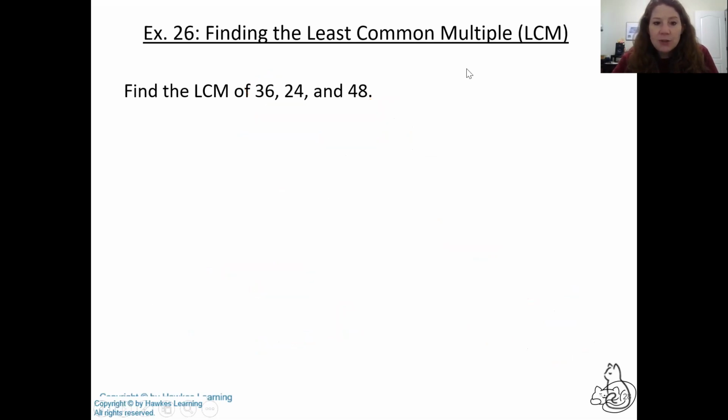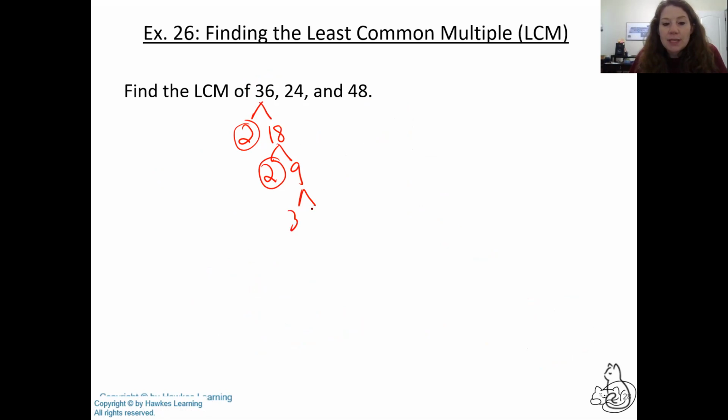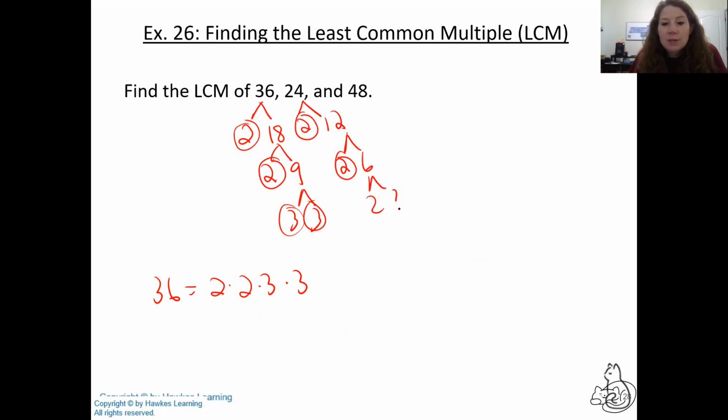All right, let's try. You guys pause the video, try this one and see how you do. All right, so 36 is going to be 2 times what? 18, I think. And then 2 times 9, and then 3 times 3. So we have 36 is equal to 2 times 2 times 3 times 3. 24 would be 2 times 12, 2 times 6, 2 times 3.